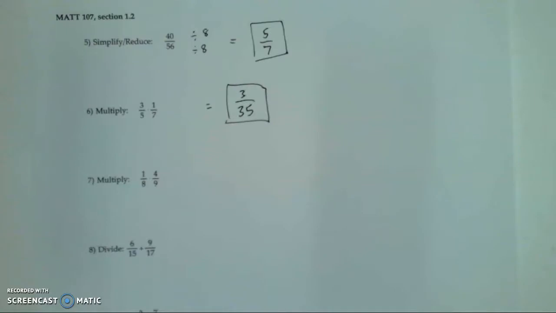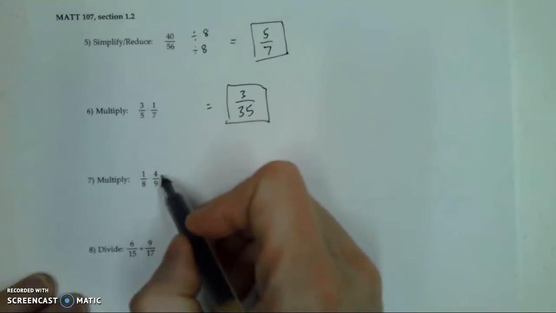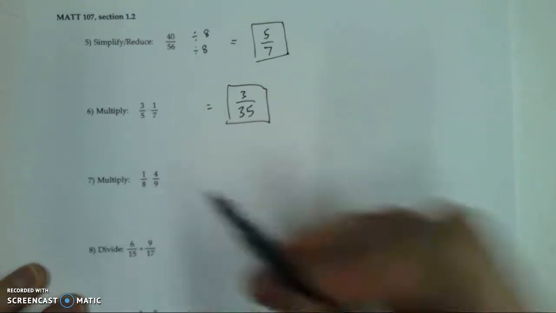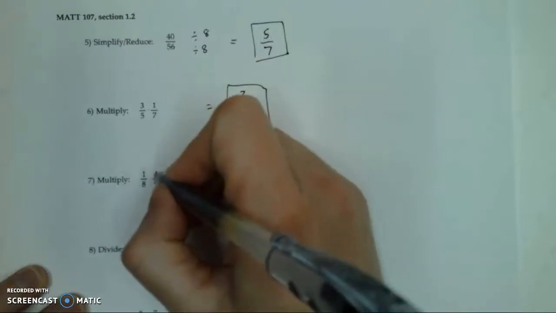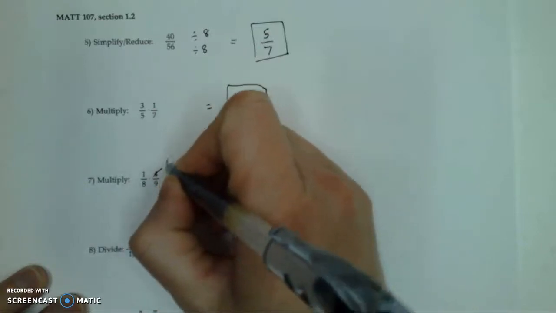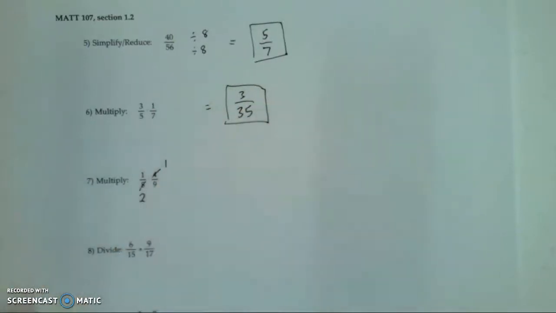Now, one trick we can do is see if we can reduce before we multiply. So looking at my next one, the second numerator is 4, and the first denominator is 8. I can reduce those. I'm going to divide both of them by 4. So 4 divided by 4 is 1. 8 divided by 4 is 2.